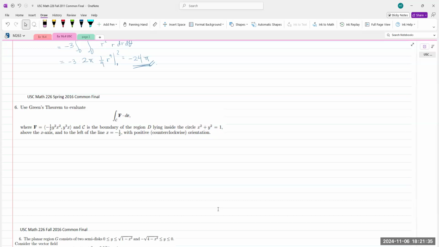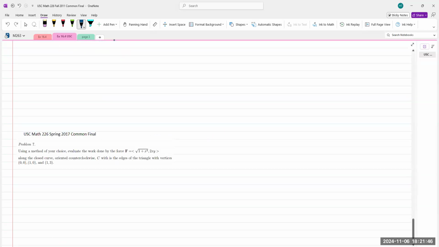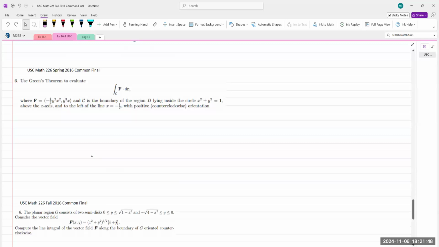Use Green's theorem to evaluate this for this vector field, and C is the boundary of region D lying inside the circle. So that is a circle with radius 1 above the x-axis, and then to the left of the line x equals negative 1/2.